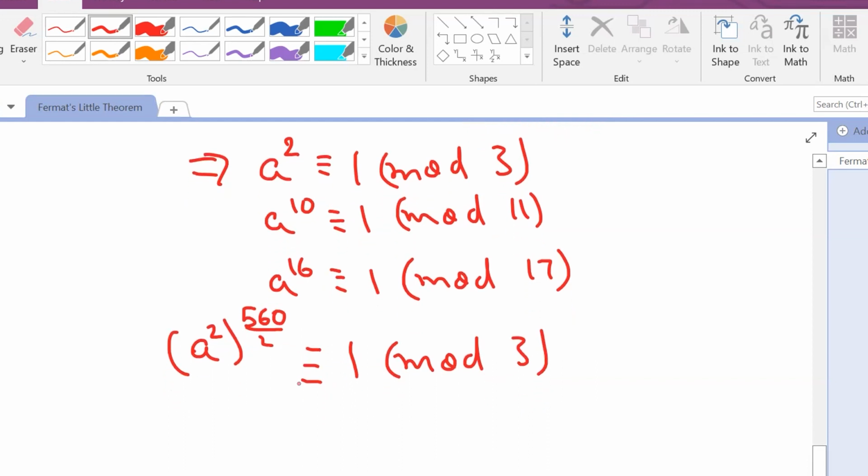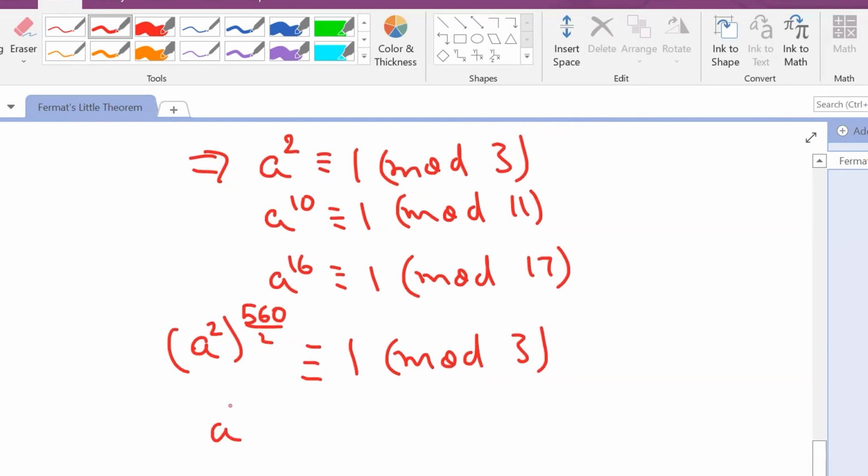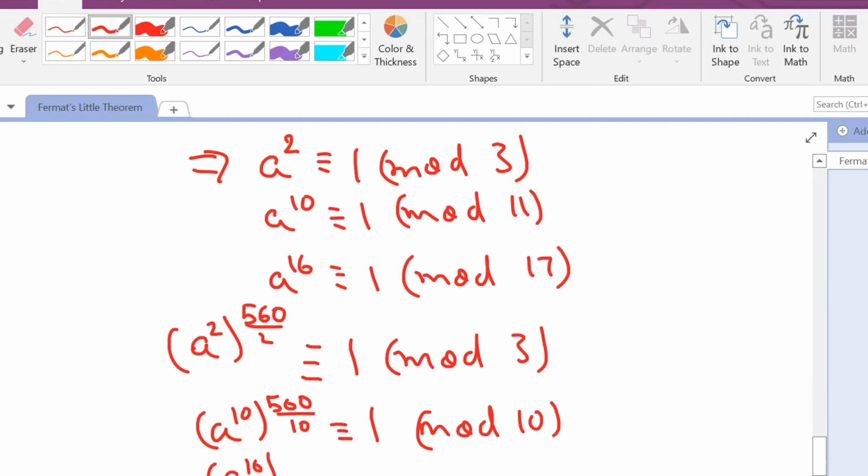Arguing similarly, what happens to a to the 10 to the 560 by 10? 560 by 10 is just 56, so it's 1 mod 11. Again, a similar argument, and arguing similarly, we can also show that this is congruent to 1 mod 17.